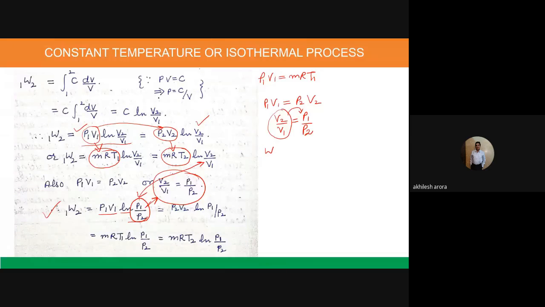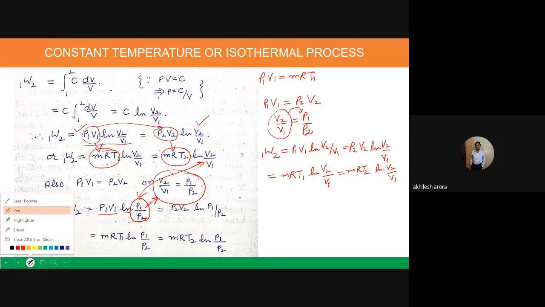Okay, so we have different equations. The first equation is P1 V1 log natural V2 by V1, which is also equal to P2 V2 log natural V2 by V1, and this is equal to MRT1 log natural V2 by V1, equal to MRT2 log natural V2 by V1.